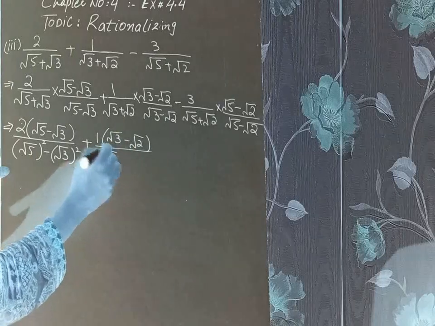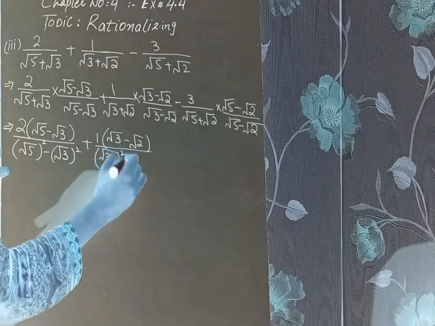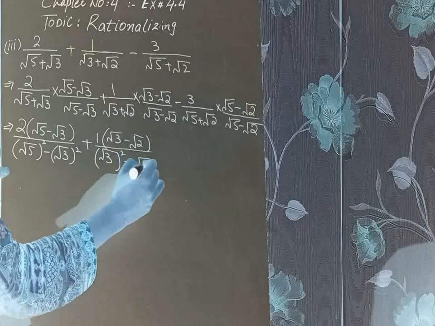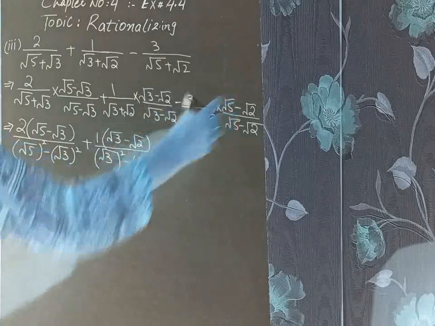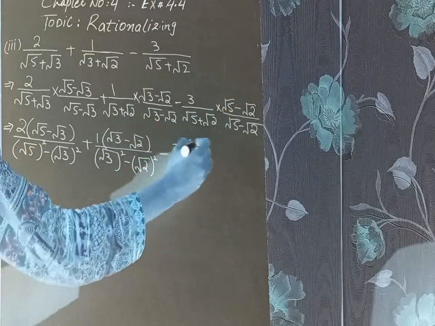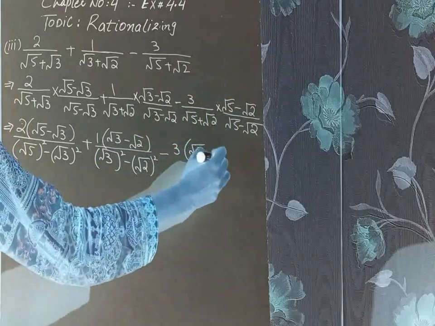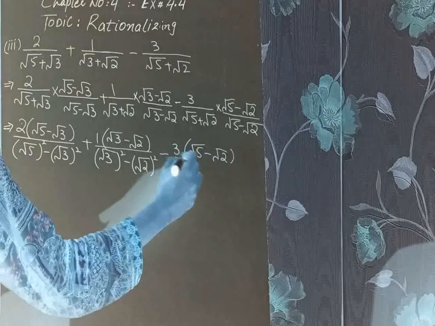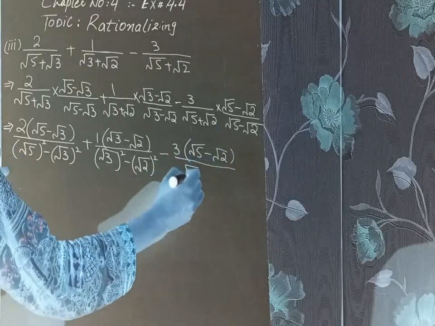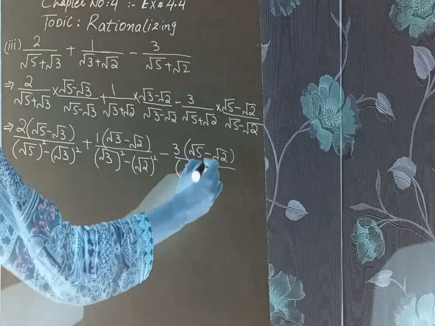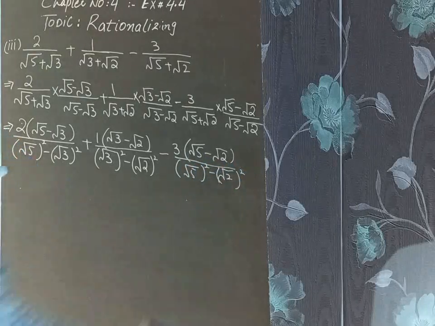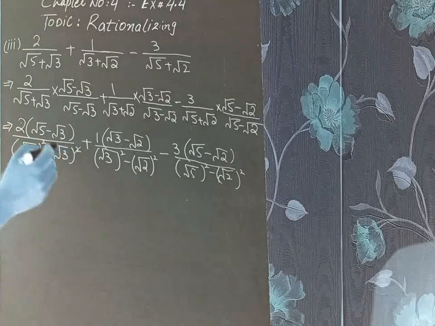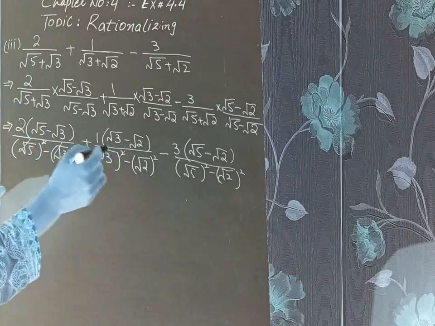Again the same formula will be used: √3 squared minus √2 squared. Minus 3 multiplied by that, √5 minus √2, and this is √5 squared minus √2 squared. These squares can be cancelled by the root.